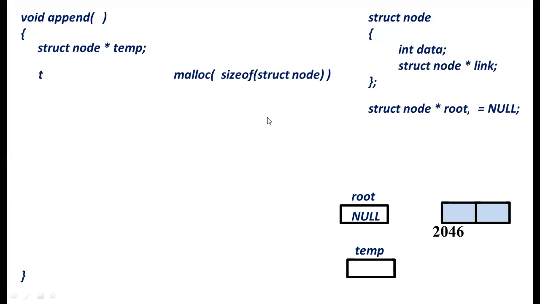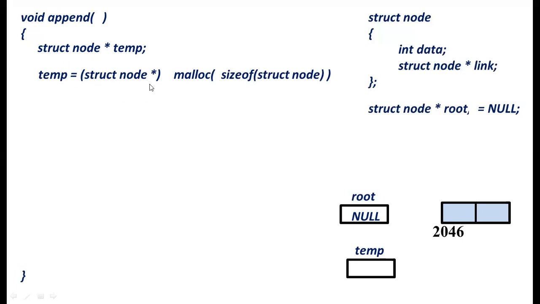Of course, we need to do typecasting here, which is compulsory, because we have seen in DMA concepts that the return type of malloc is void, which is a generic type. So this value needs to be converted into the struct node pointer type, because the temp variable is of struct node pointer type.